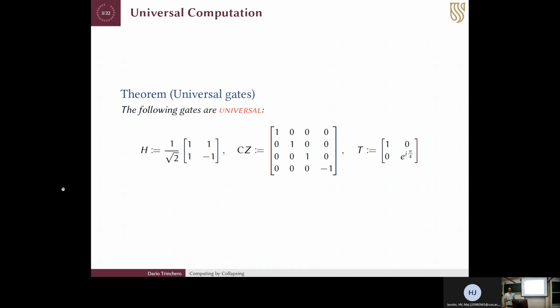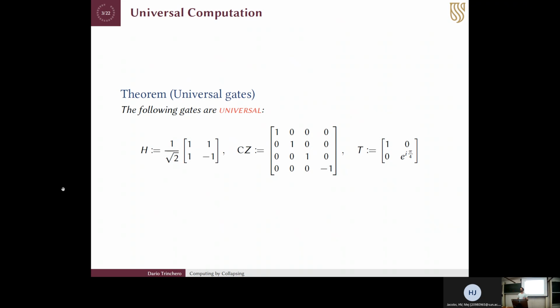So a natural question is, there are infinitely many unitary matrices, so how can I possibly do all quantum computations? The answer is, we pick what's called a universal set of gates. This is universal in the sense that any unitary transformation can be approximated to arbitrary accuracy using just these three: H, CZ, and T.